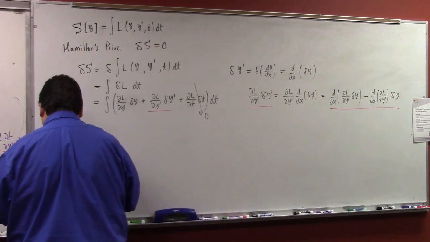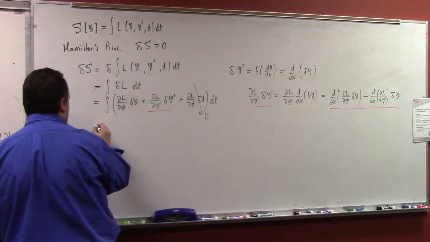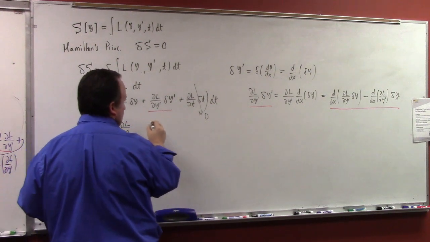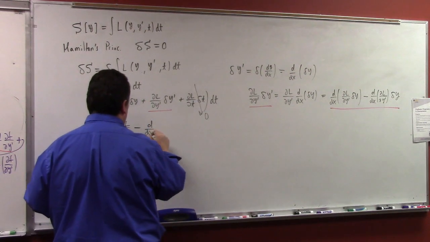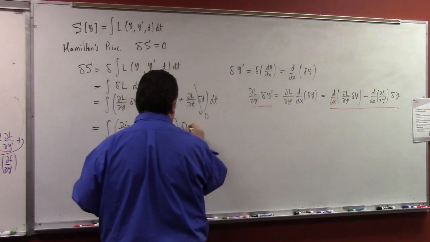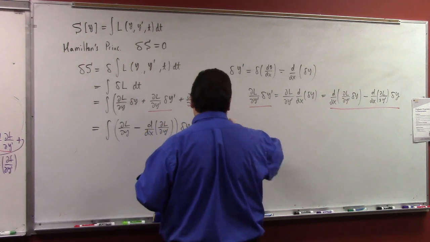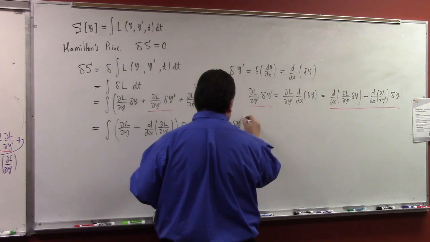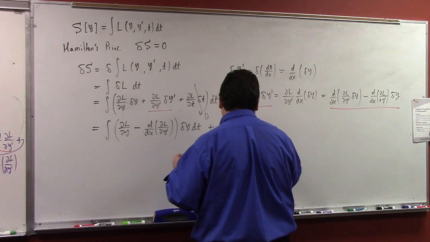And that gives me the integral of partial L, partial y, minus d dx of partial L, partial y prime, times the variation of y dt, plus partial L, partial y prime, variation of y, evaluated at the endpoints.